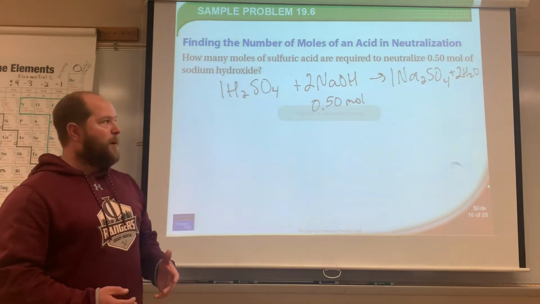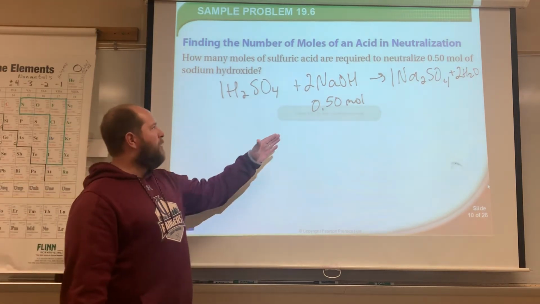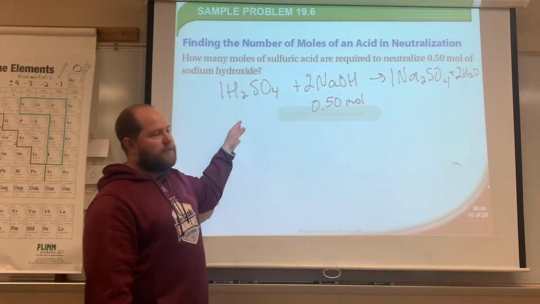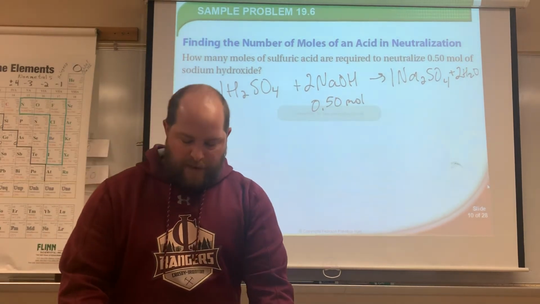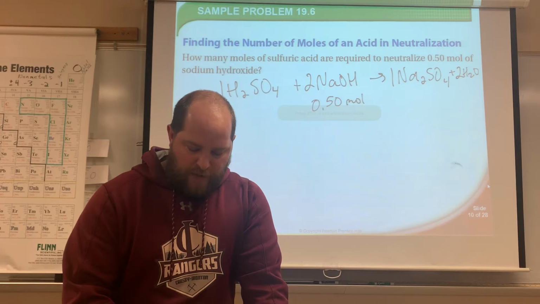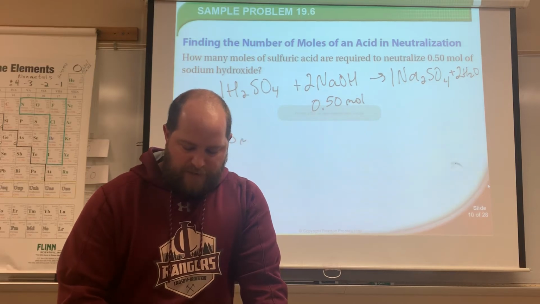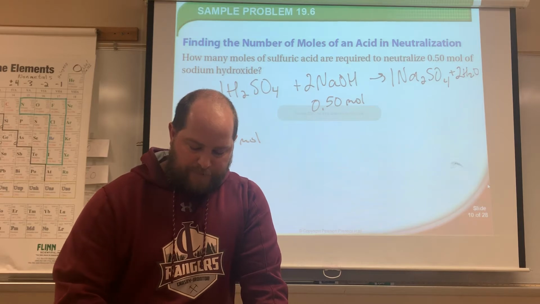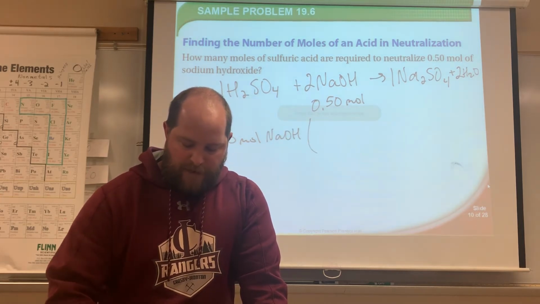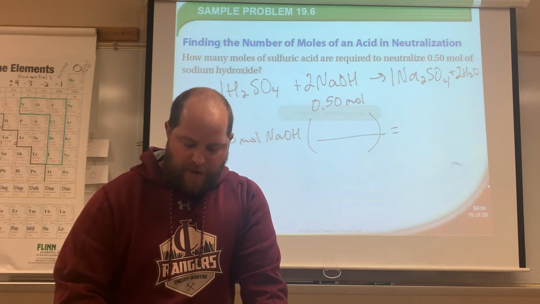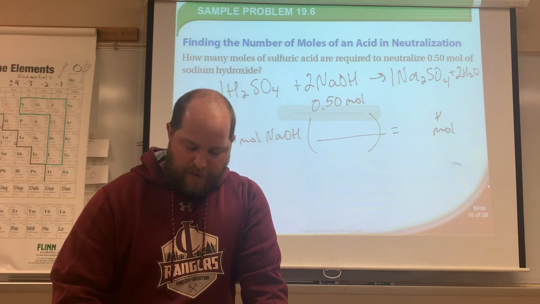Some of you can probably see right away that this is a 2-to-1 ratio, so this should be 0.25. If you can't see that, you can just go back to using dimensional analysis. You're starting with this amount of sodium hydroxide. We need to figure out how many moles of H2SO4 we need.